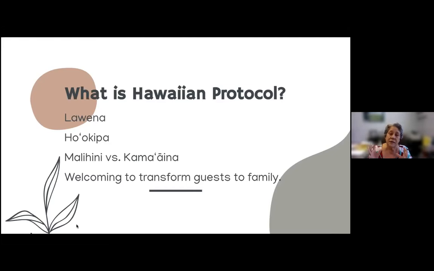Kama'āina literally means child of the land. And I like to think of it like, child of the land says to me that you know this land like you know the face and the voice and the smell of your mother.